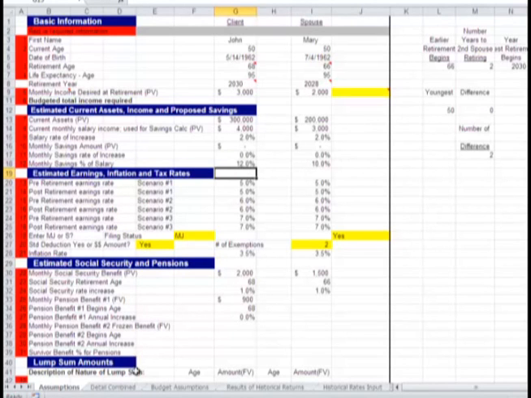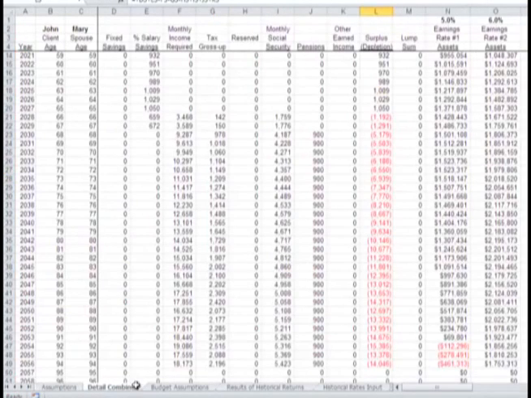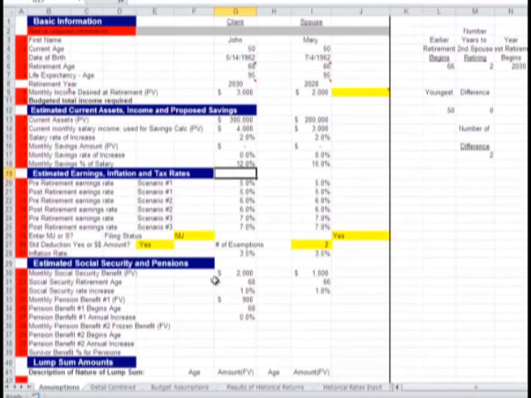Now, when we look at the results under Detail Combined, there is no red at 6%, and though there is red at 5%, it only comes in when John and Mary are in their 90s, so overall it's not alarming. But for the purpose of this exercise, let's say John and Mary don't want to see any red in either the 5 or 6% scenarios.